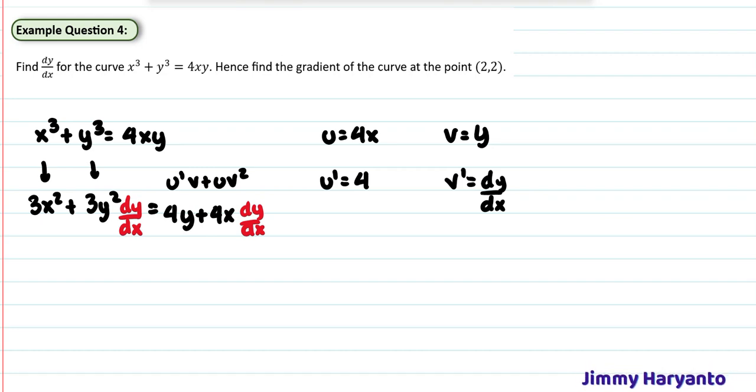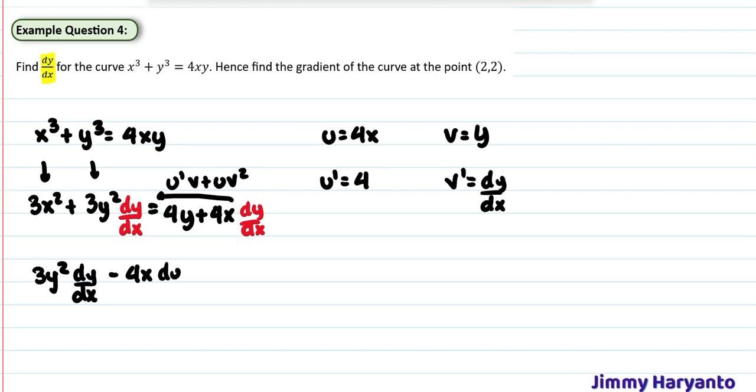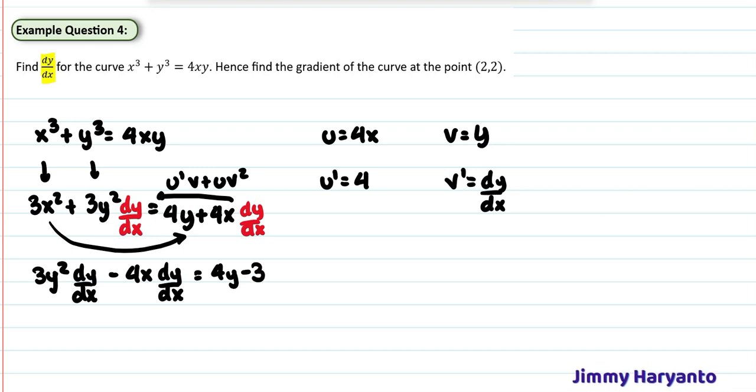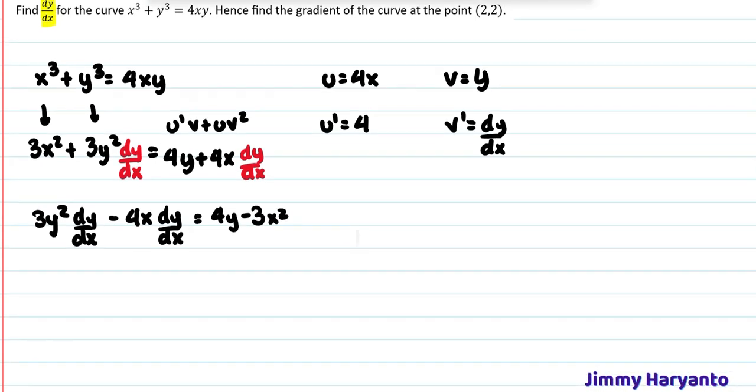Okay, because the first question wants you to find dy dx, that means we have to make it into dy over dx equals. I will move this to the right hand side. You'll have 3y squared dy over dx minus 4x dy over dx equals 4y minus, I will move this to the right hand side, 4y minus 3x squared.